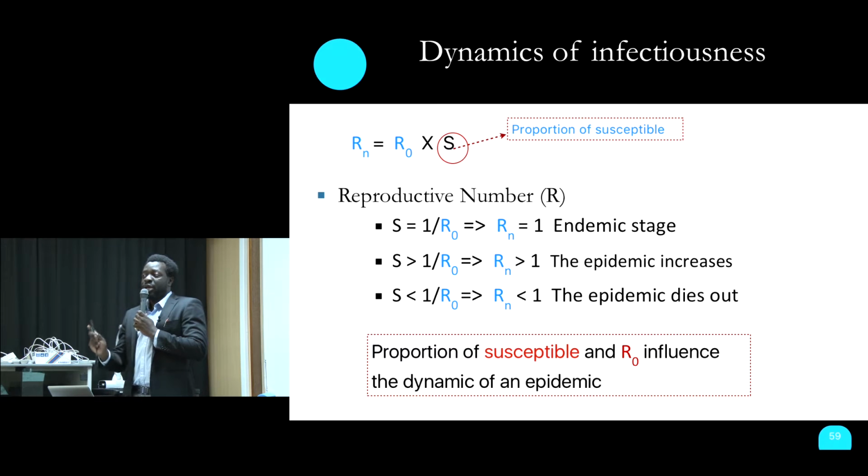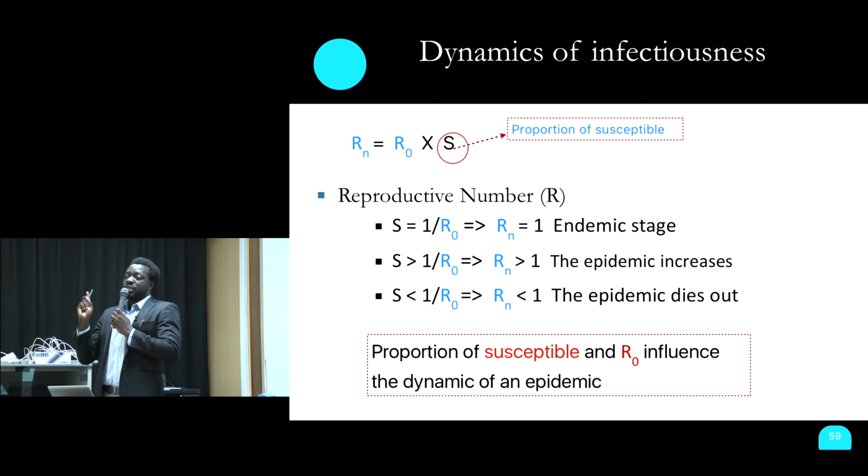So how many people are susceptible in a population is a very key characteristic that will tell you if an infectious disease will take off or not. So if everybody here is susceptible, if someone with an infectious disease like influenza comes, we all have the risk to get the infection.